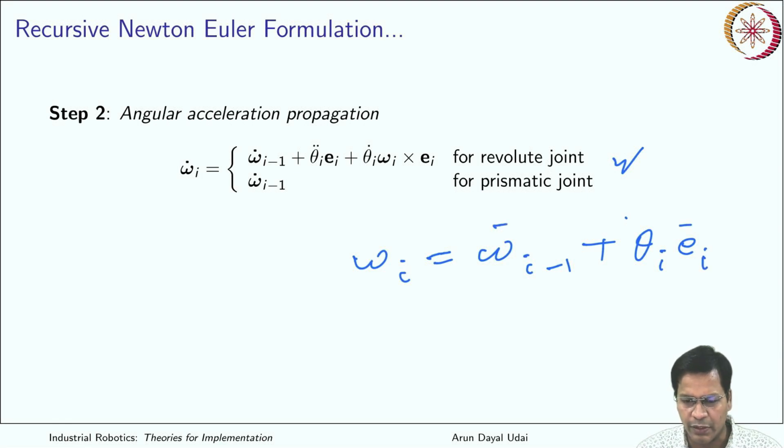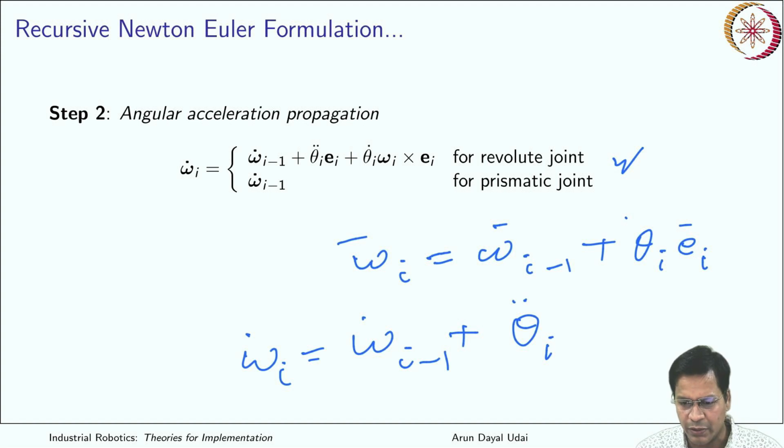This is a vector, and omega I dot is a scalar. If you take the derivative of this, you get omega I dot equal to omega I minus 1 dot plus, these two being products, theta I double dot EI. This is again along the same direction, plus you have theta I dot.